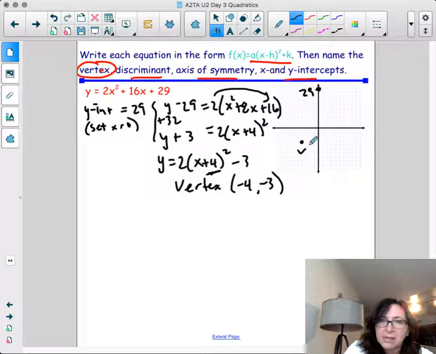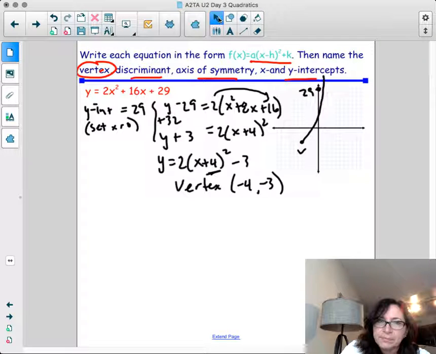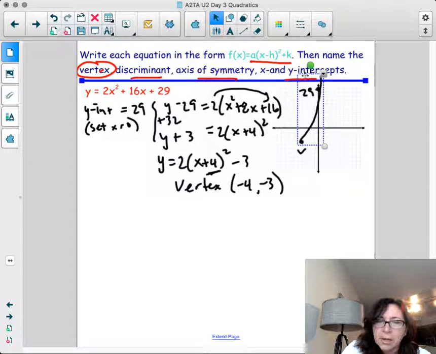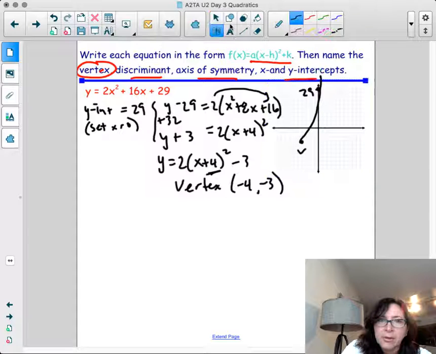So that's my vertex. So right now, I do know my graph is going to come up. Sorry about that. Let me move this over a little bit. Okay. And so I do know my graph is going to look something like this.